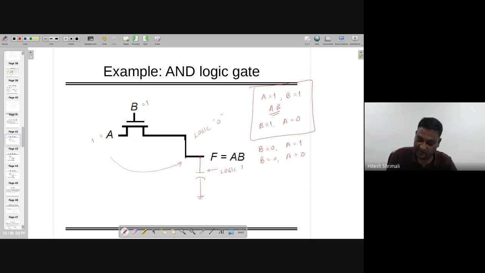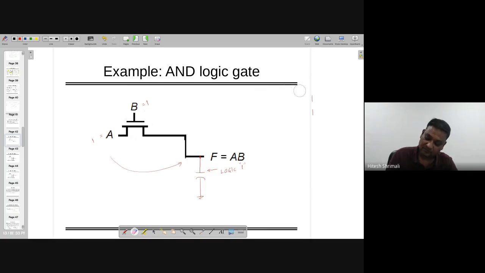If both are 1, the output is logic 1. So let's draw with respect to time. This is F and it's logic 1 when A and B both are 1. When B becomes 0, I don't care about A.